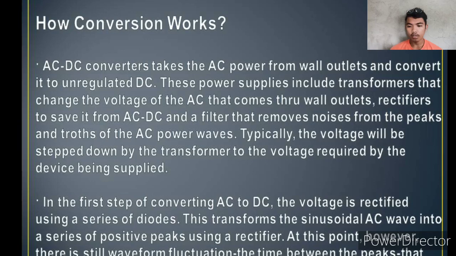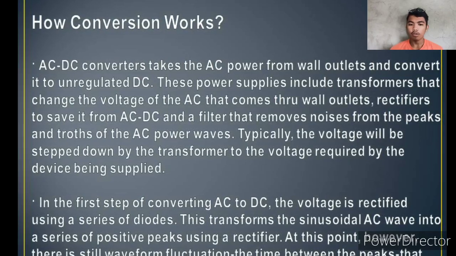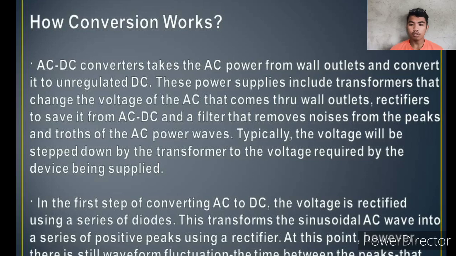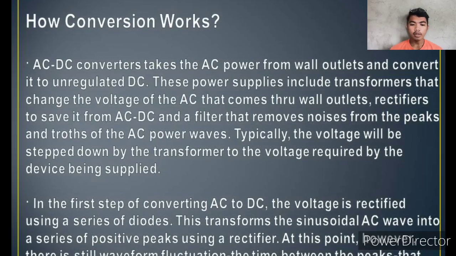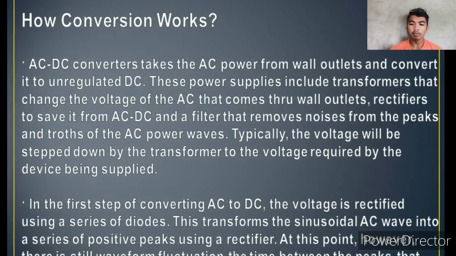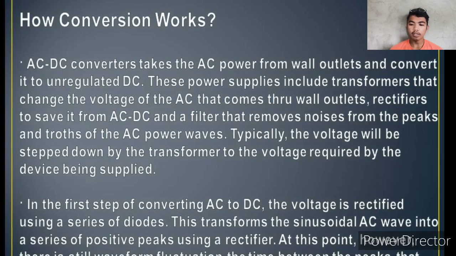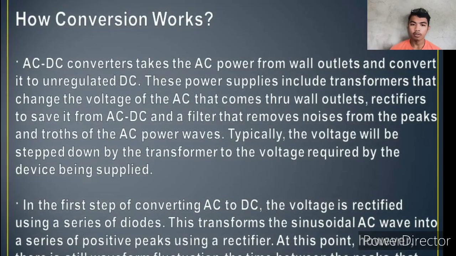This transforms the sinusoidal AC wave into a series of positive peaks using a rectifier. At this point, however, there is still waveform fluctuation in the time between the peaks that needs to be removed.